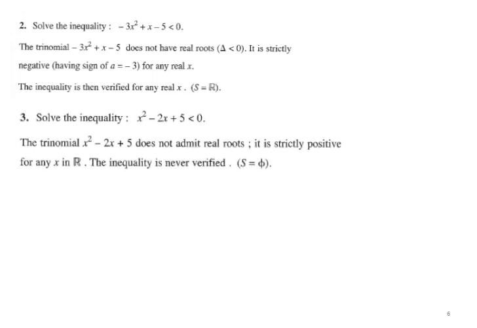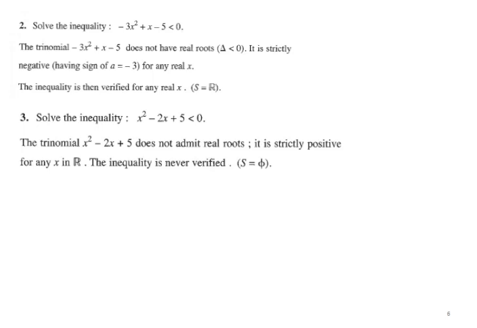So whatever you replace the x by, you're going to get a negative number. Another example, we have x squared minus 2x plus 5. For this trinomial, we have delta negative, and so it takes the sign of a. A is 1, so it's positive. So this is positive for every x.